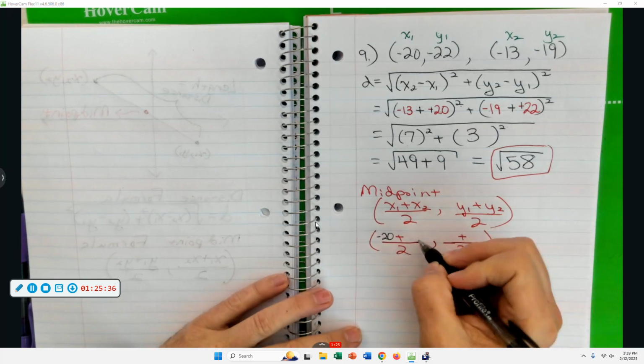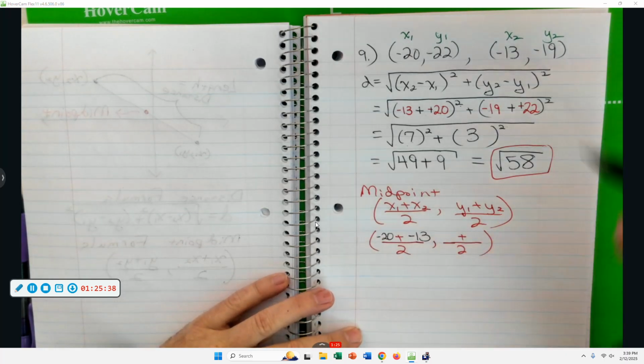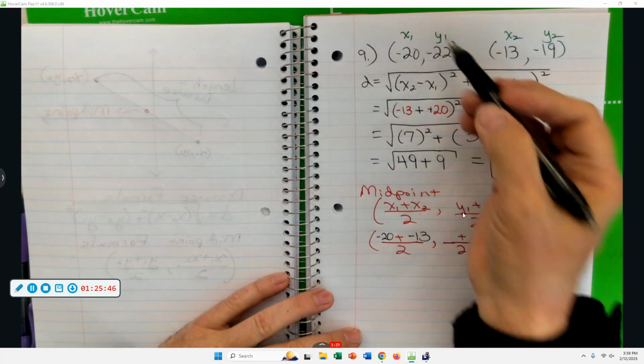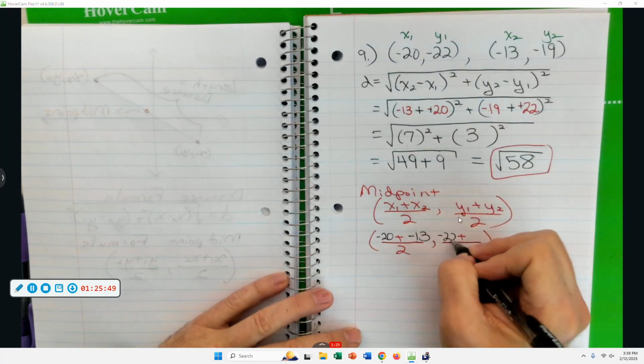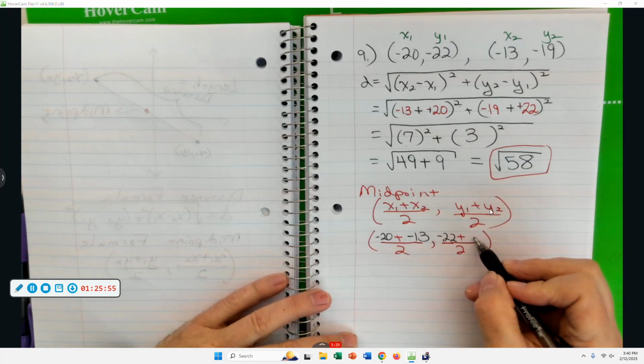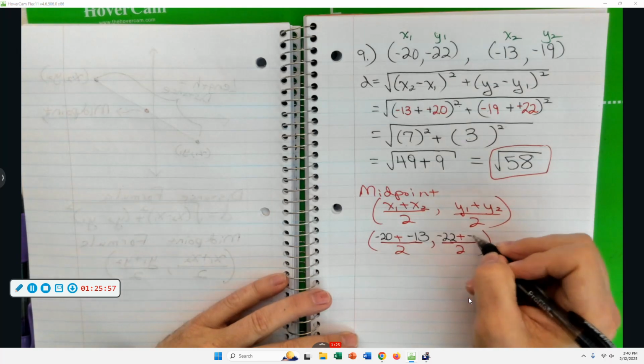Negative 13. Negative 13, I agree. The second x. What am I going to put here? Negative 22. Negative 22, the first y. Are y'all caught up? A second y here. Negative 19.